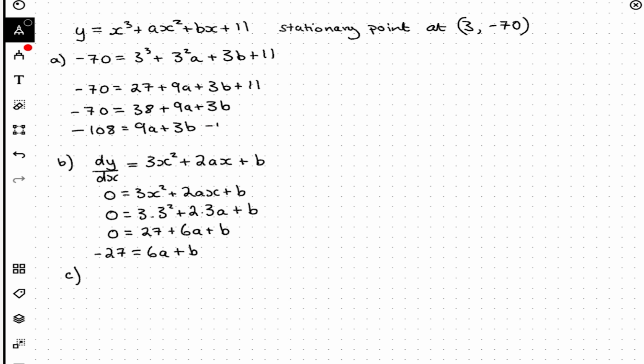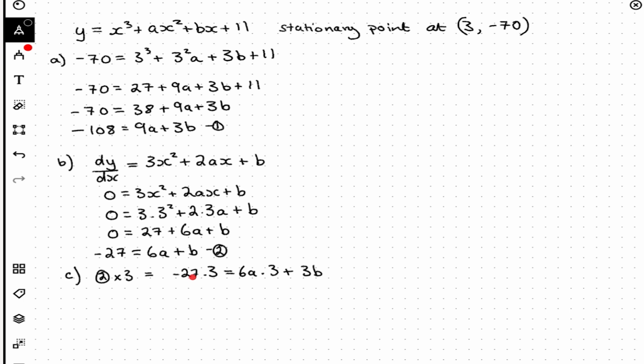I'll label this equation 1, this equation 2. If I multiply equation 2 by 3, I will get minus 27 times 3 equals 6a times 3 plus 3b. So I'm multiplying everything in this equation by 3. That keeps the equation the same.